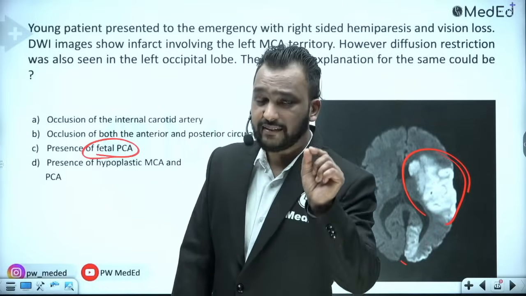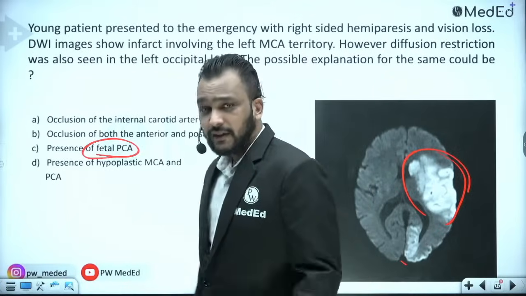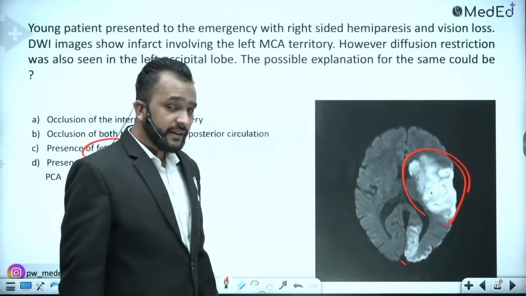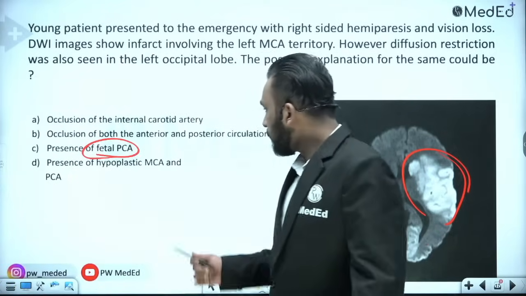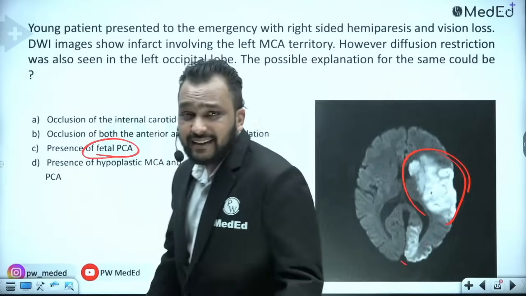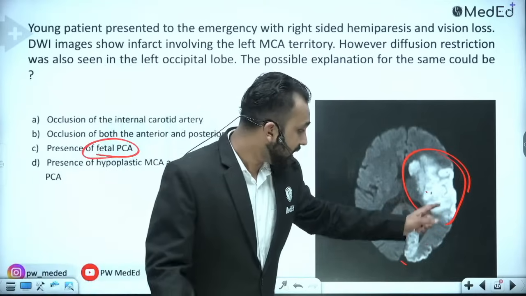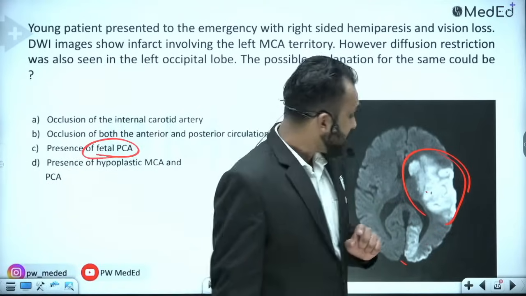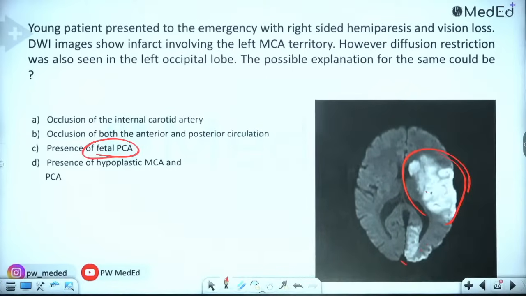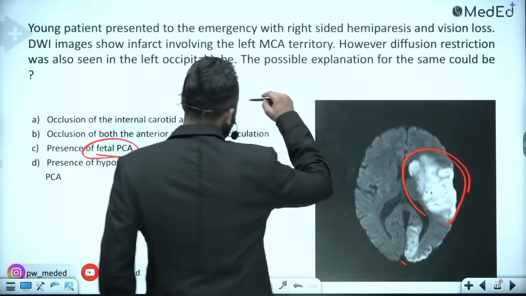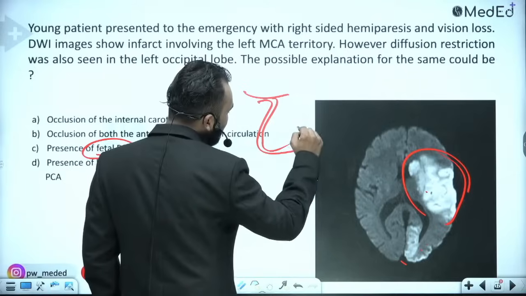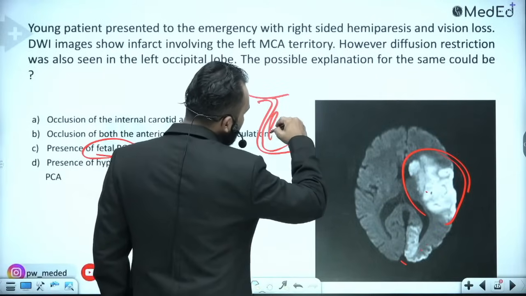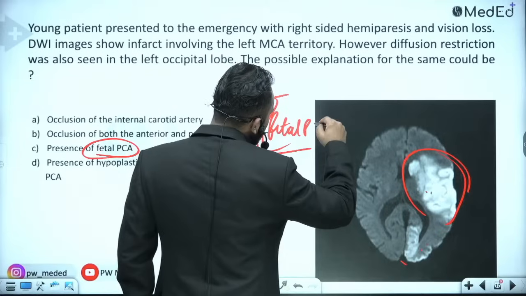Posterior cerebral artery is arising from the internal carotid artery. So in that case, if there is some thrombus in the internal carotid artery and there is presence of fetal PCA also, you will see an infarct involving the MCA territory and an infarct involving the occipital lobe also. So basically, a vessel forming the posterior cerebral artery arises from the internal carotid artery, and this is known as fetal PCA.